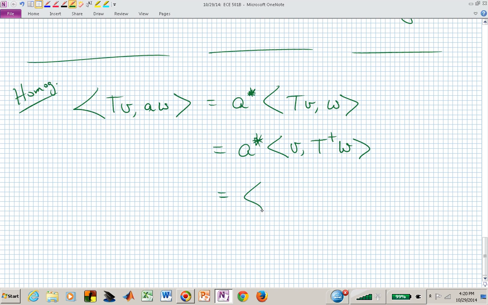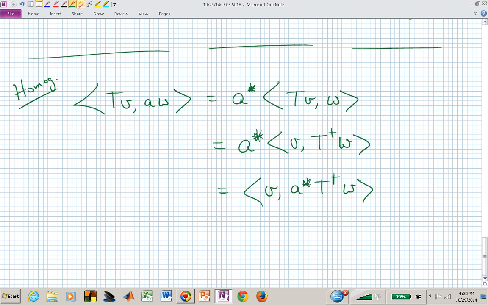So now I have <V, a star T dagger W>, and I conjugate that again to give me that. Is that okay? Just checking to make sure you guys were still awake, because I take my glasses off and I can't see if your eyes are open or closed.